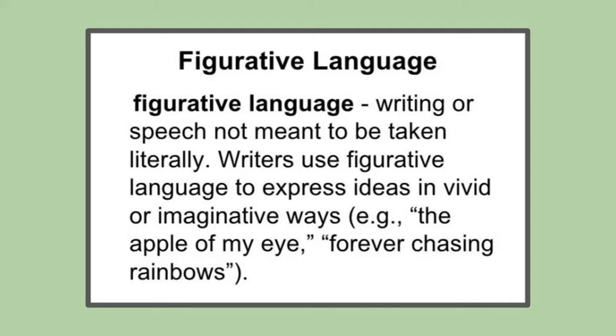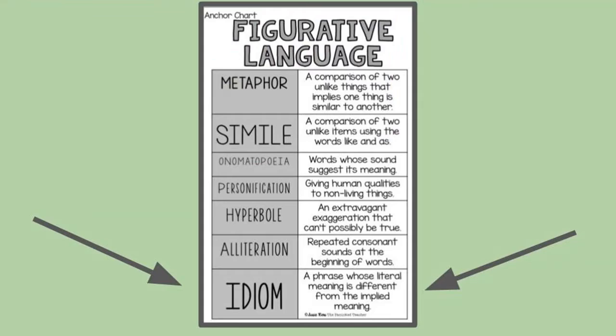For example, the apple of my eye, or forever chasing rainbows. Those are some examples. Now let's take a look at some that we've already done and that we are familiar with. First up are metaphors and similes, in which we compare two things using as or like, or not using as or like.